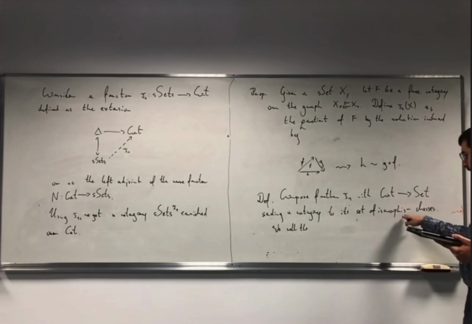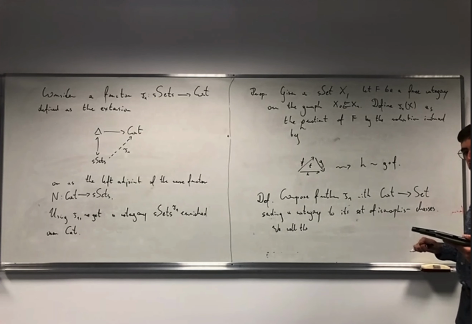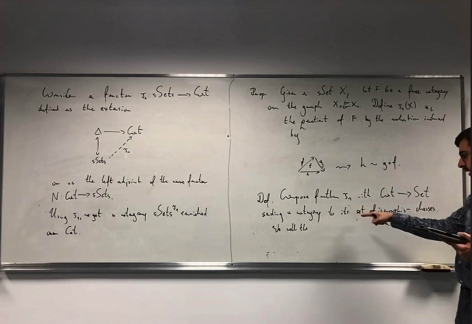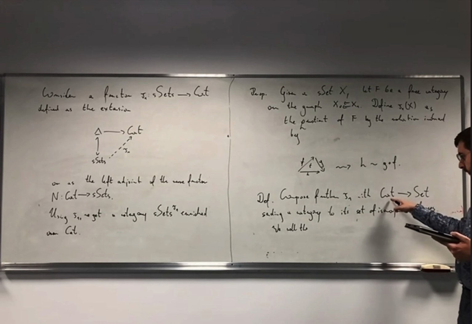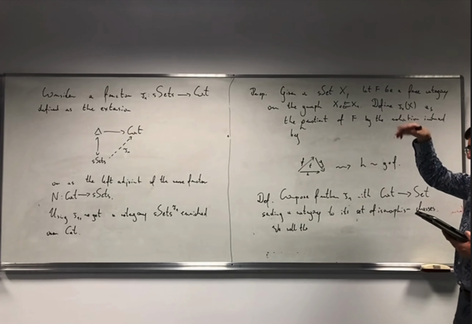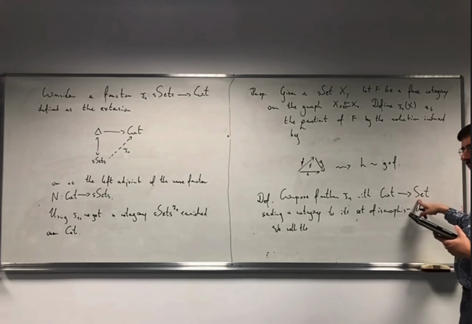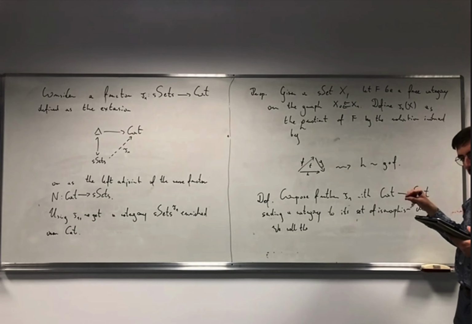So you forget about maps, and there is probably a name for this, the skeleton of a category. So first you are forgetting all maps, and the points of your set will be isomorphism classes of objects of the category.